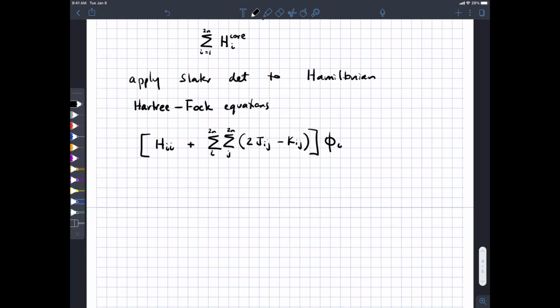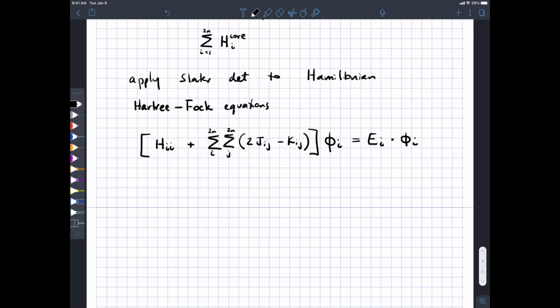All multiplied by wave function I. And this could be for electron I or J. And that's going to equal some energy for that electron times, again, the wave function for that electron.